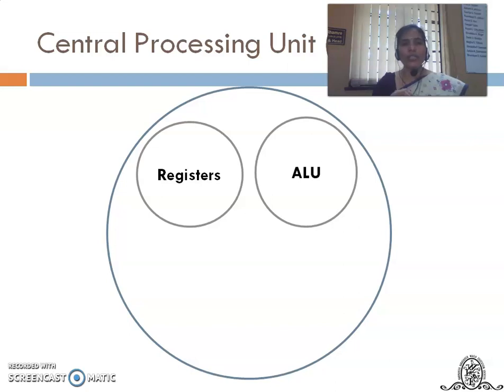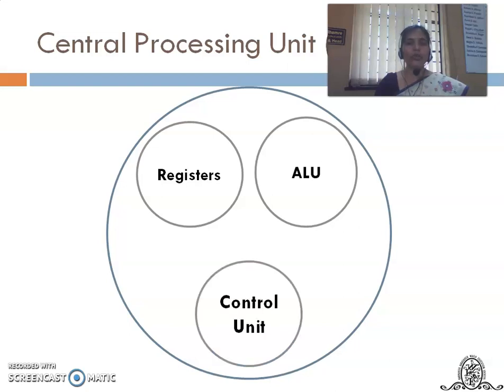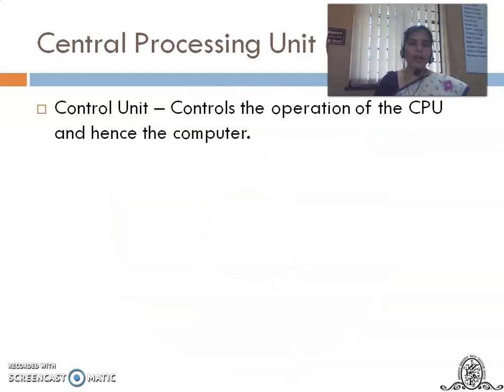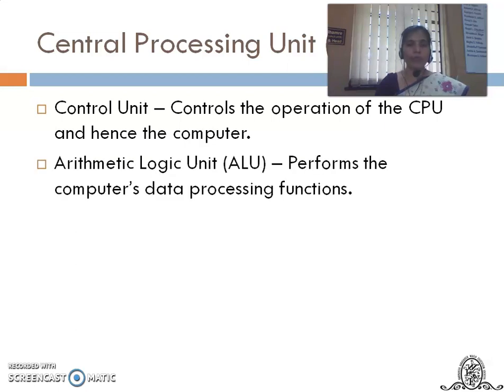If we move on to the details of the central processing unit, again we can break down the central processing unit into smaller units. We have registers. The second component is the ALU, that is arithmetic logic unit, and then the control unit, and again an internal bus to link all these three units. So the control unit controls the operation of the CPU and hence it controls the operation of the computer itself.